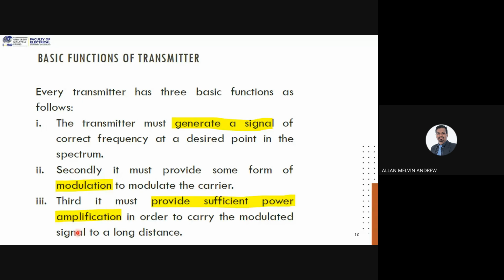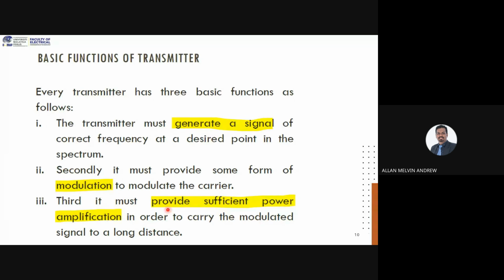So let's say you only focus on creating the carrier signal and the modulation, but you fail to do the amplification. Maybe the signal cannot really reach the other party that you want to transmit to, because there is not enough power.